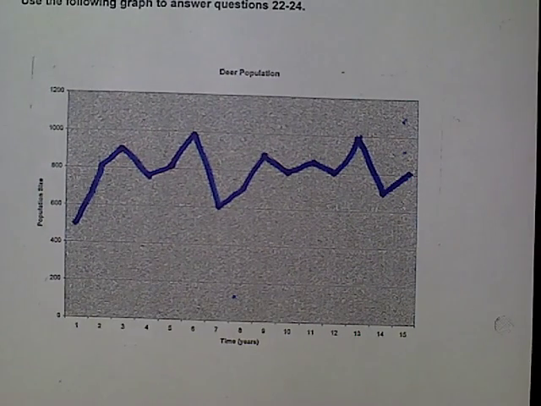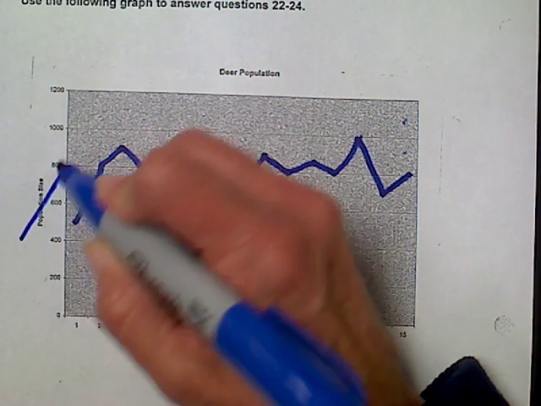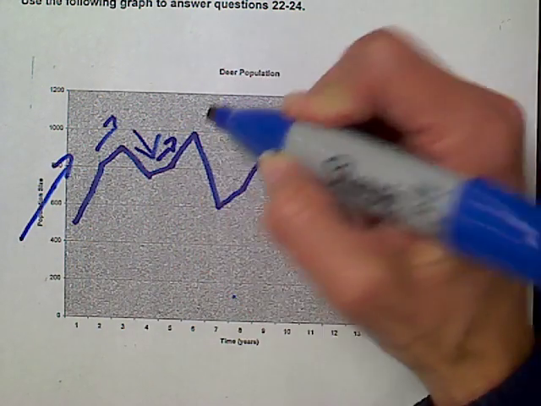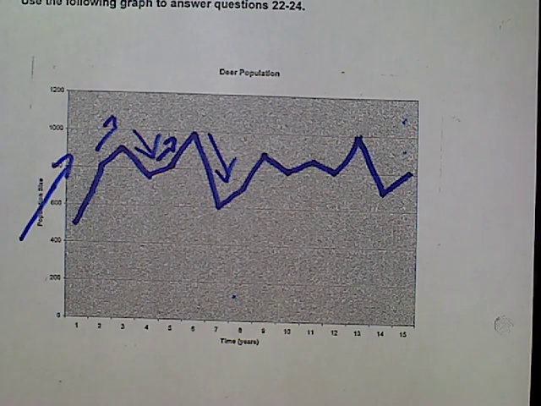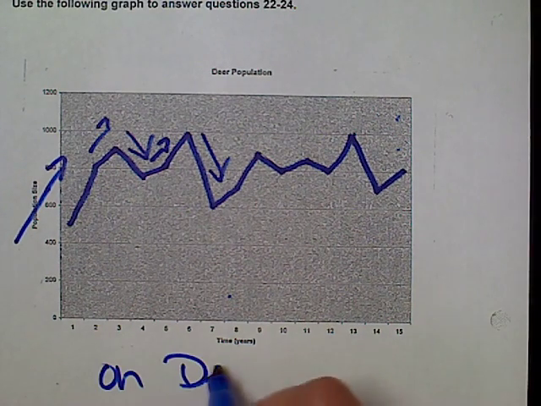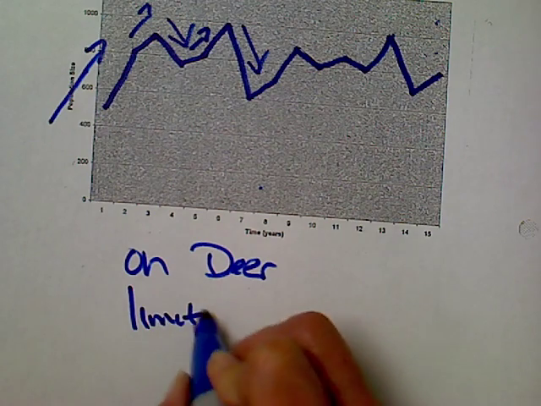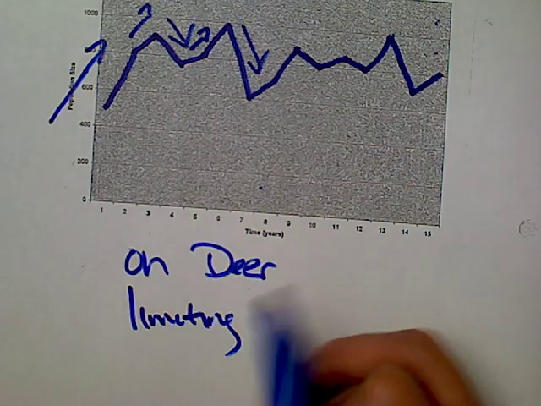This looks very similar to the deer population one that we did, and you notice that it goes up and it goes down and then back up and then down. And remember when we did this oh deer activity, we had limiting factors that were going to cause our graph to go like this.